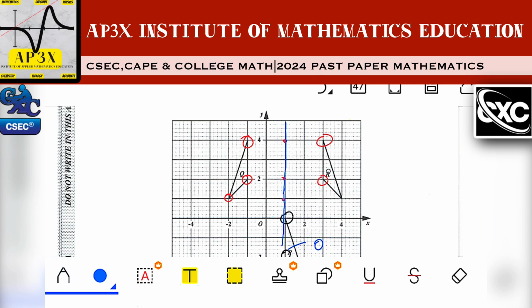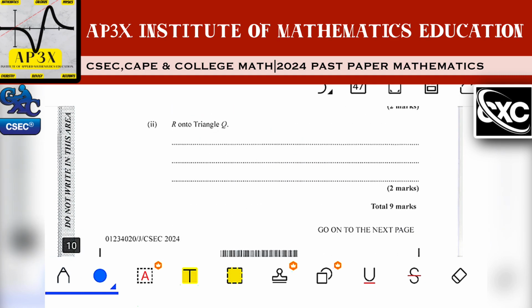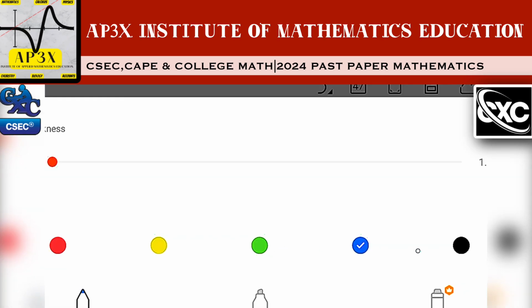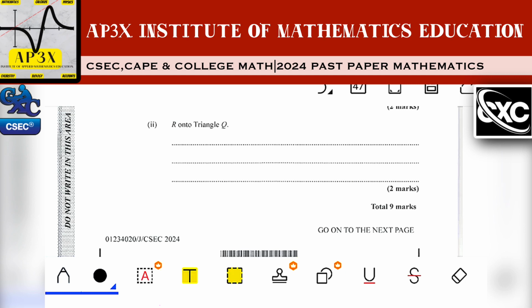So R maps itself onto Q is a reflection in the line parallel to the y-axis, that is in fact x equal 1. All right, so let's just write that in description so you see how much thinking we had to do to get to that answer. That's the analytical skills that I want you guys to develop.